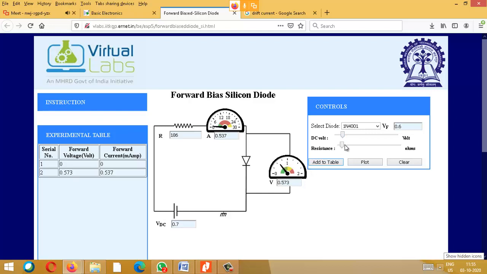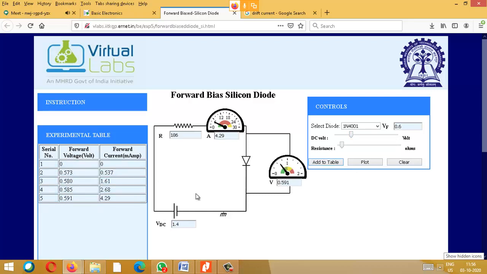Now you can see here, I will further increase my voltage. I have brought it to 0.9 and now current is 1 milliamp. You can see thereafter there won't be any greater increase in the voltage across the device. I am going on increasing, and there is only a small change in voltage.